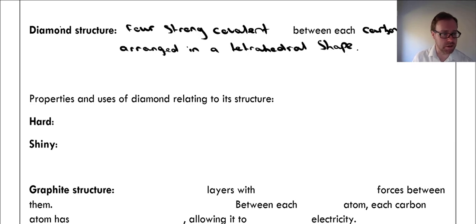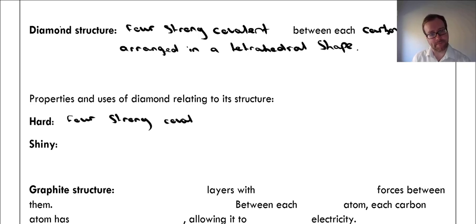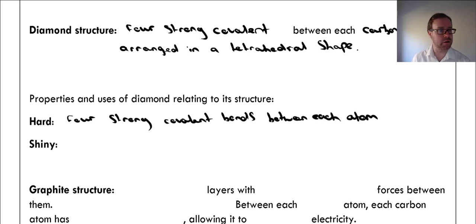So we can write that down again: 4 strong covalent bonds. And what's it used for? It's used for drilling. I'll write that in a different colour. So it's used for drill bits, to cut things.